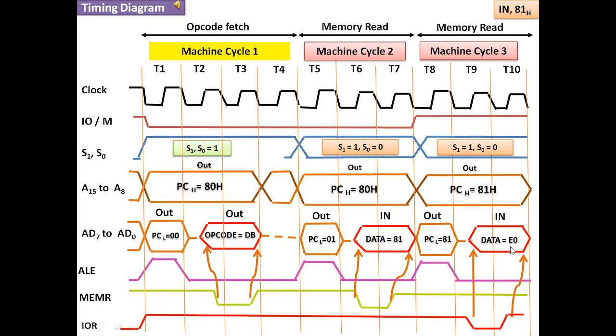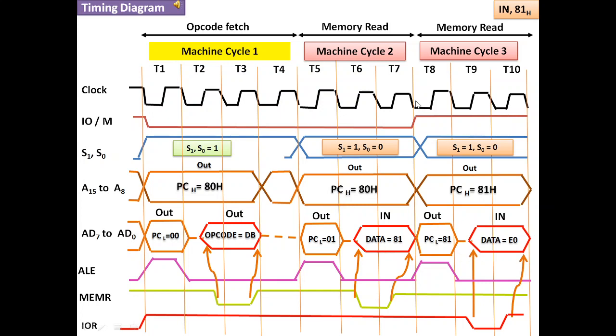Again, in the first machine cycle, the operational code is fetched, and then the execution in the T4 state is partial. Here everything is kept ready inside the microprocessor, so that the information presently available at the input port will be written into the accumulator.